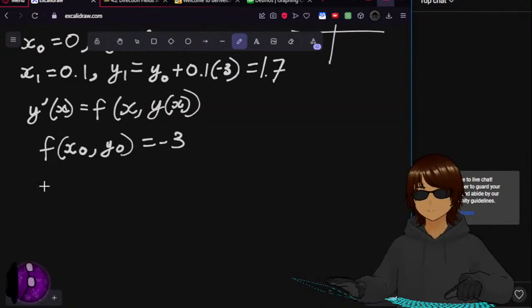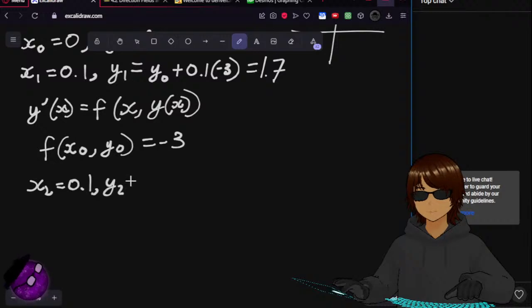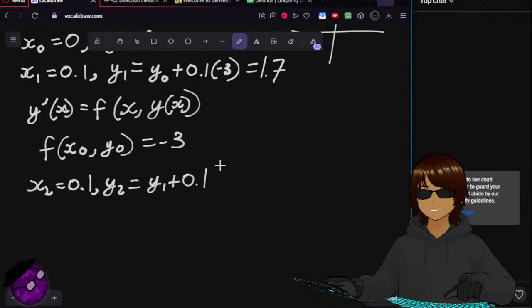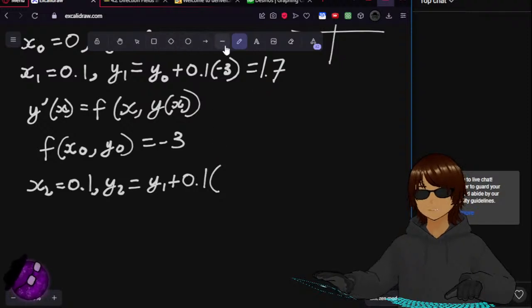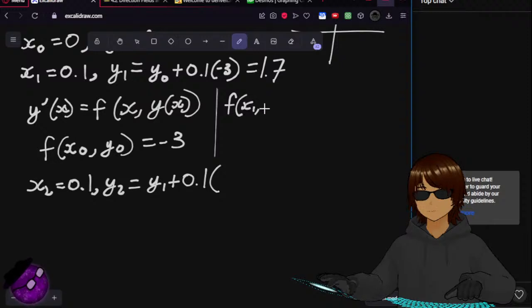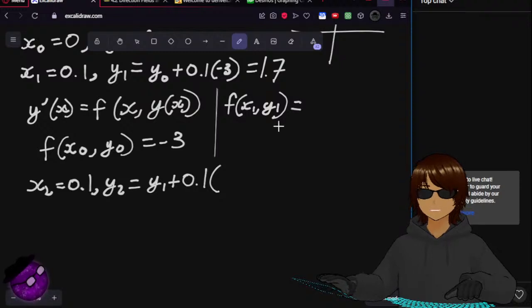And then the next step would be x2, which is 0.2. y2 is equal to y1 plus 0.1 times. Now I need to find f of x1 and y1.